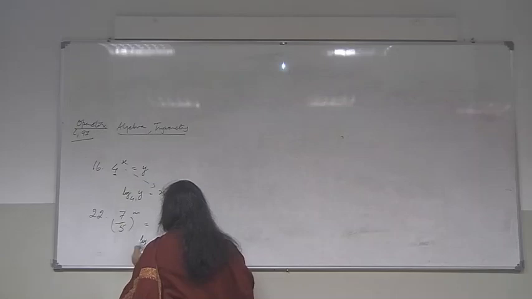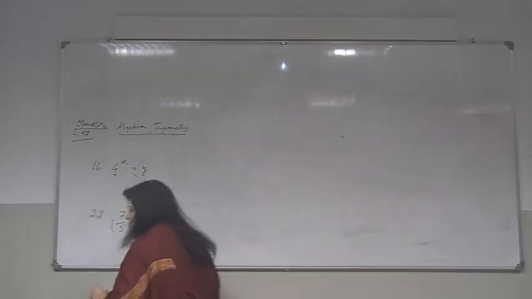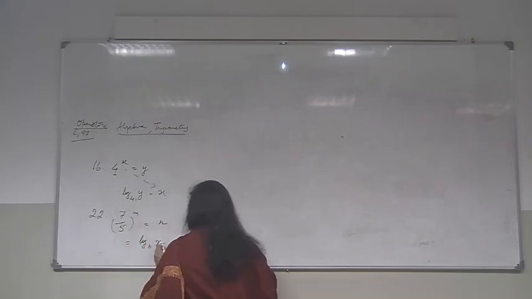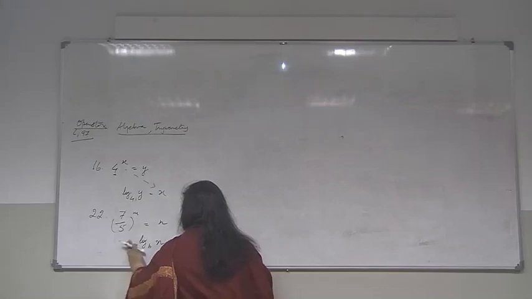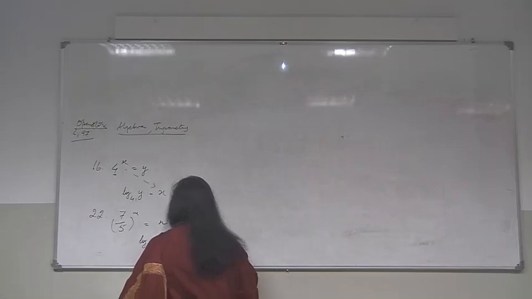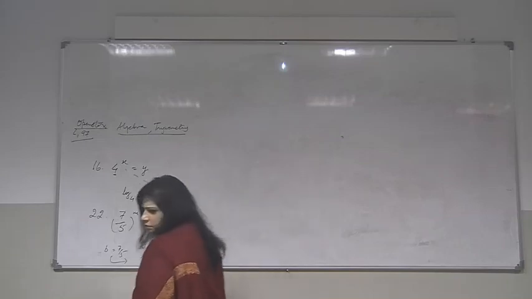First of all, write it in log form: log to the base b of n is equal to m. Now we can replace b with 7 by 5. Therefore, you get log to the base 7 by 5 of n is equal to m.